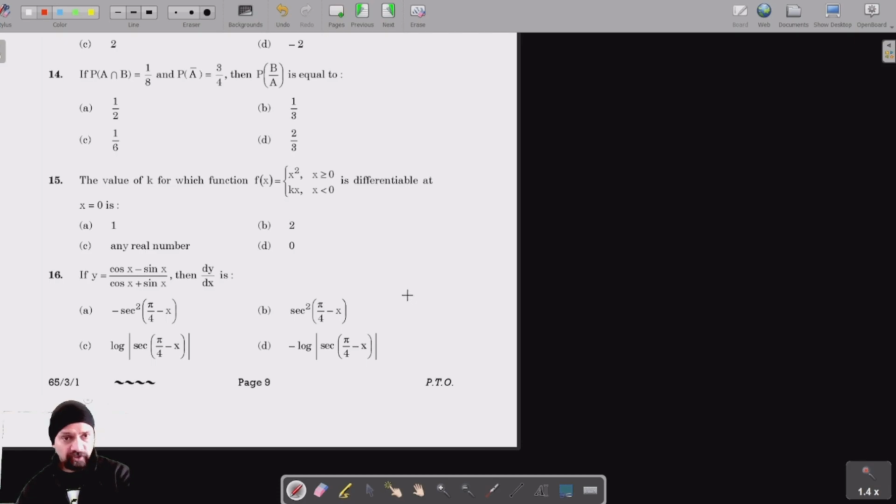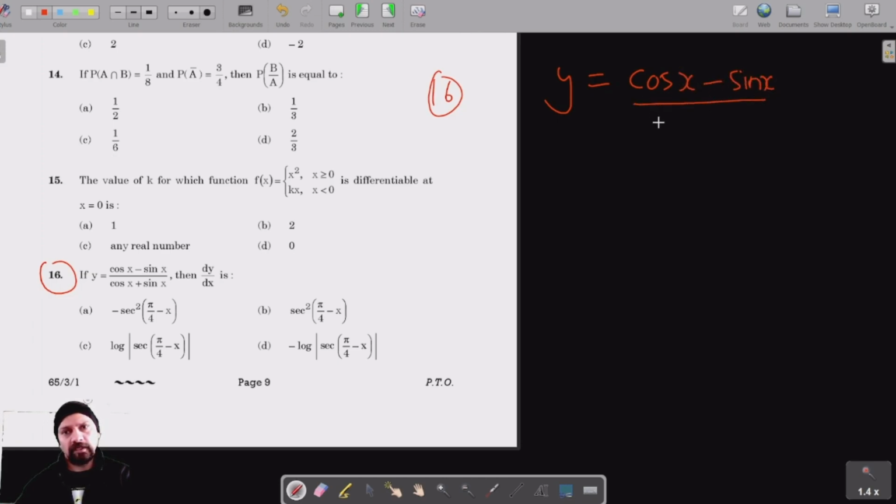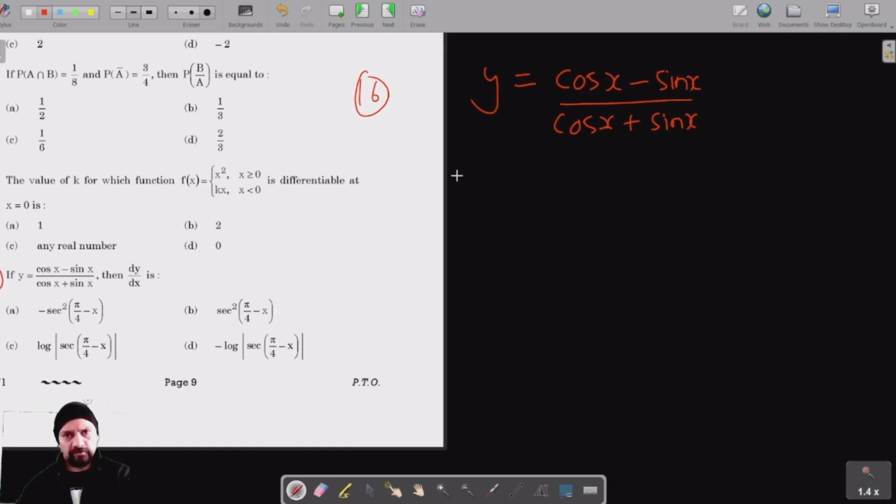Okay, for question number 16, we have to find the first order derivative. Question number 16 is y is equal to cos x minus sine x upon cos x plus sine x. Let's try to simplify it first and divide both numerator and denominator by cos x.